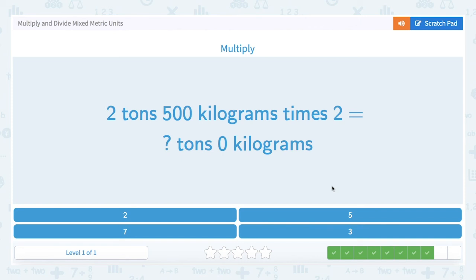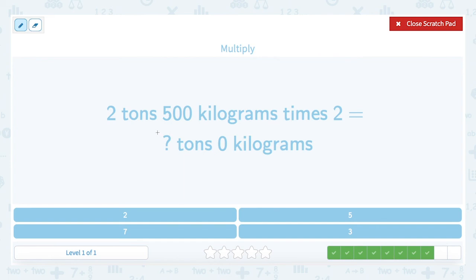2 tons, 500 kilograms times 2. So 2 tons times 2 is 4. 500 kilograms times 2 is 1,000.